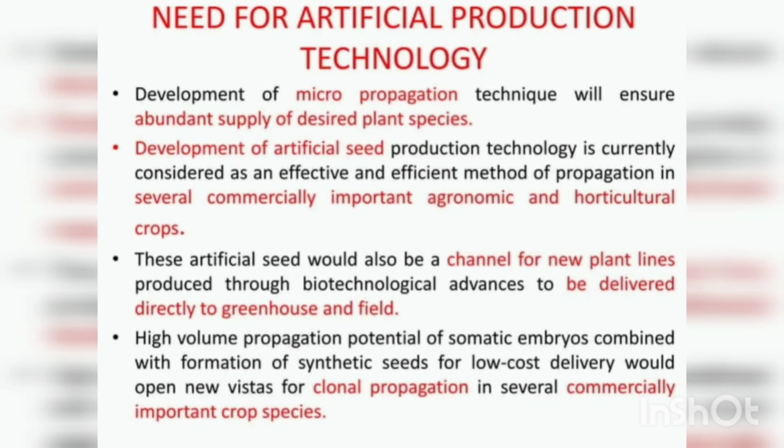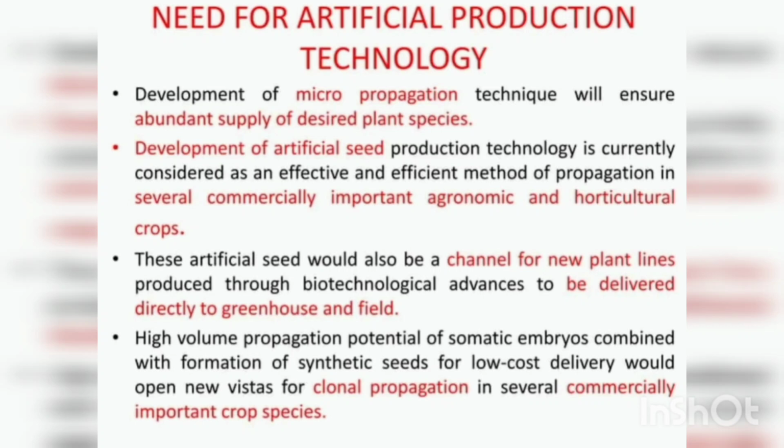Artificial seed can also be a channel for new plant lines, and has the advantage of being delivered directly to greenhouse and field. Through clonal propagation we can get individuals similar to the parent, and for commercially important crop species we can produce a high amount of propagules using artificial seed production.